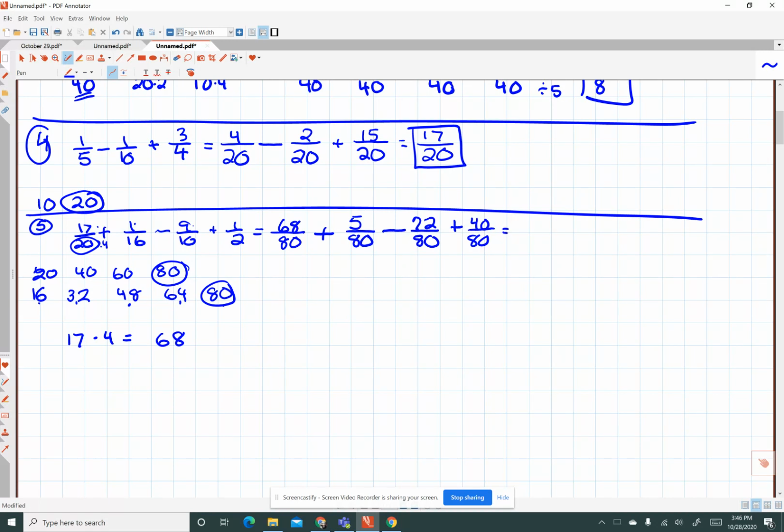So now we need to add up. Let's do all of the addition ones first. We will add 68 and 5 and 40.